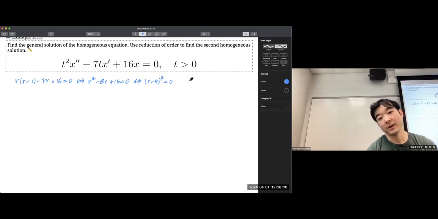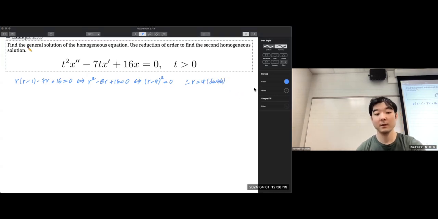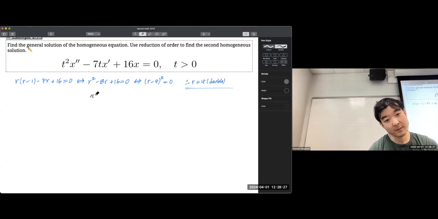So you got another double root here. You get r is equal to 4, the double root. And we already know that the solution form for this homogeneous equation is different from the constant coefficient case.